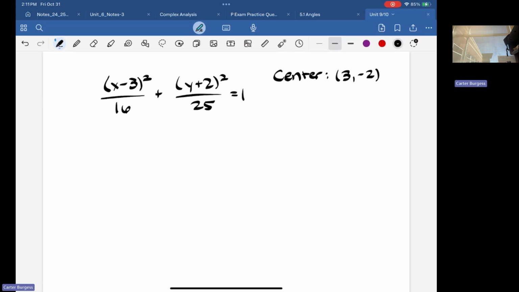Is A under X or is A under Y? It's Y, so that's vertical. Yep. There we go. So you go five from the center. Yep, from the center. Trust yourself. Start at the center and then go.